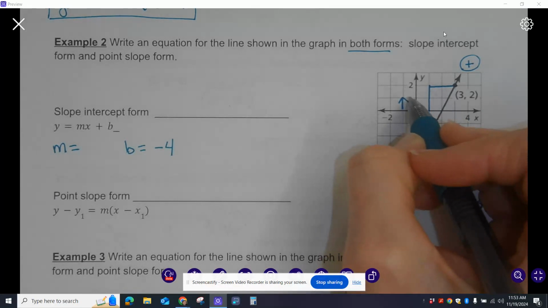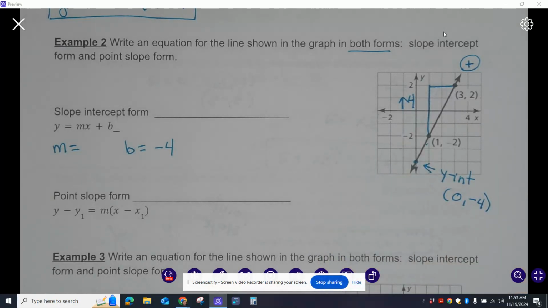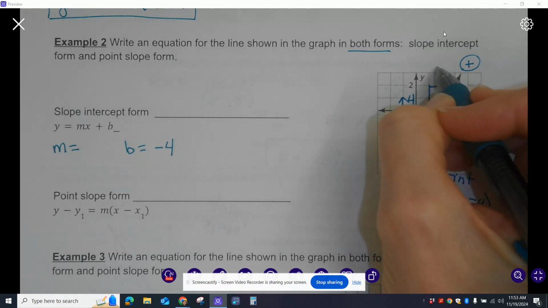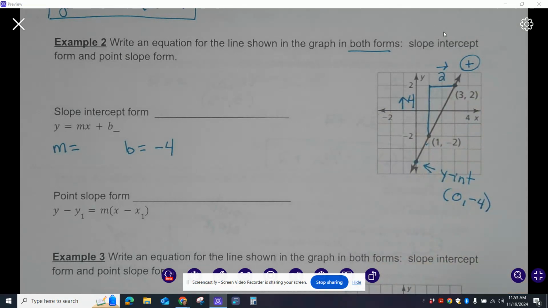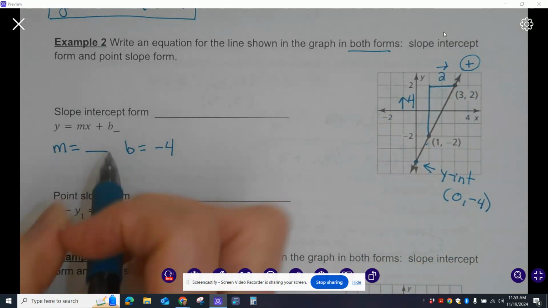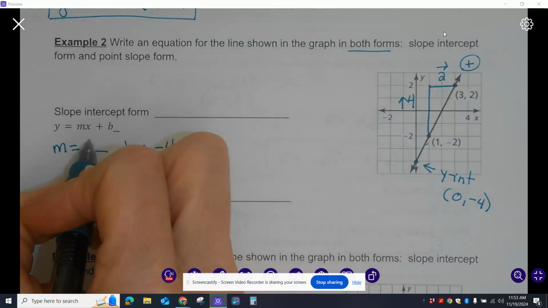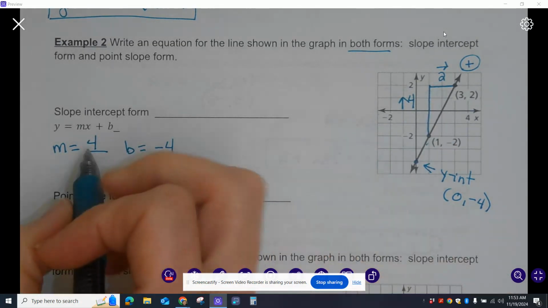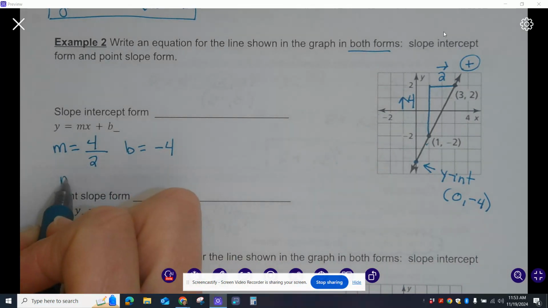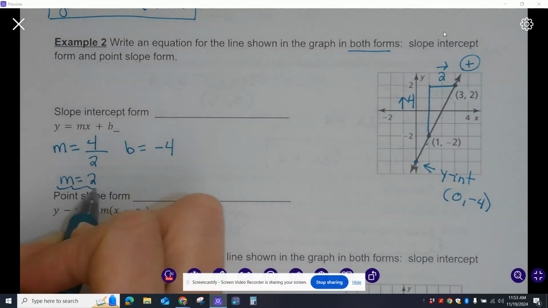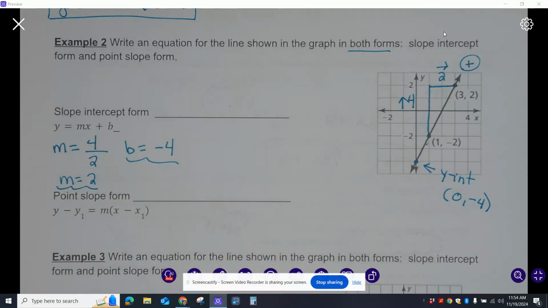So I went up 4, so that's my rise. And then I went 2 to the right, so that is my run. So m is rise over run. My rise is 4. My run is 2. I can simplify that. 4 divided by 2 is just 2. So there's my m, there's my b.